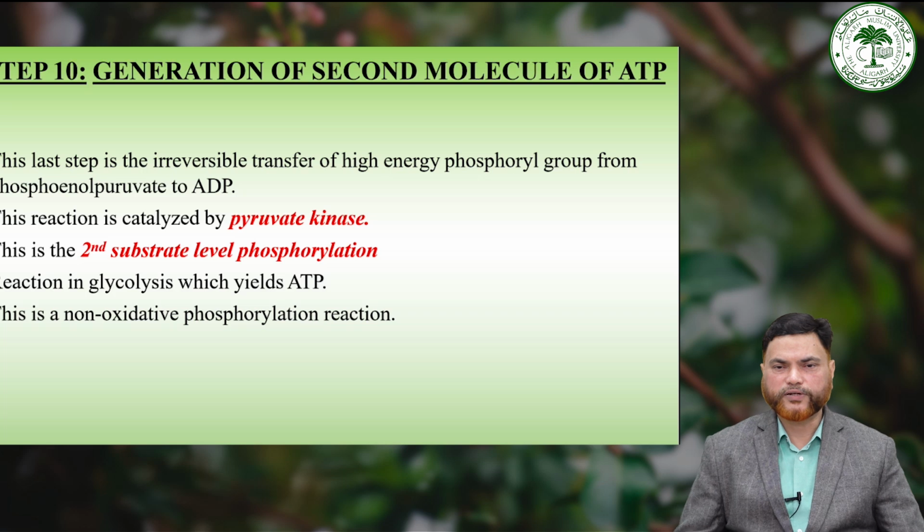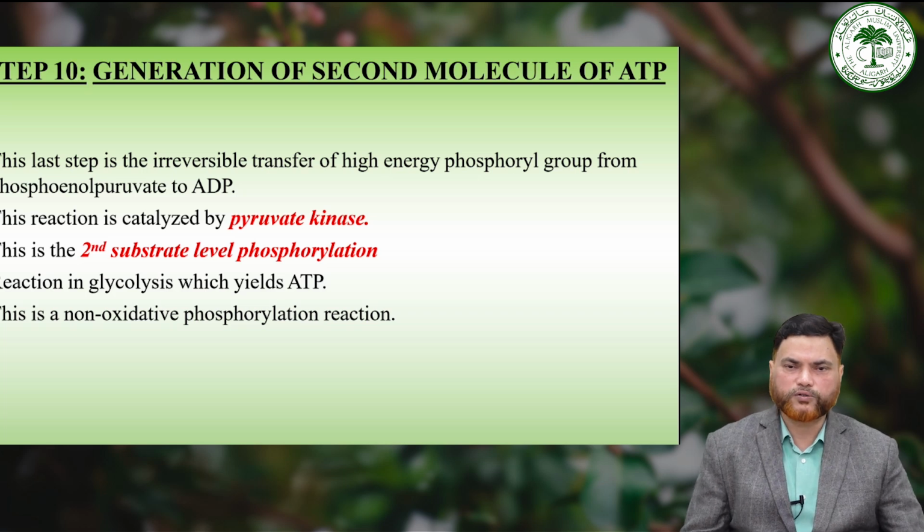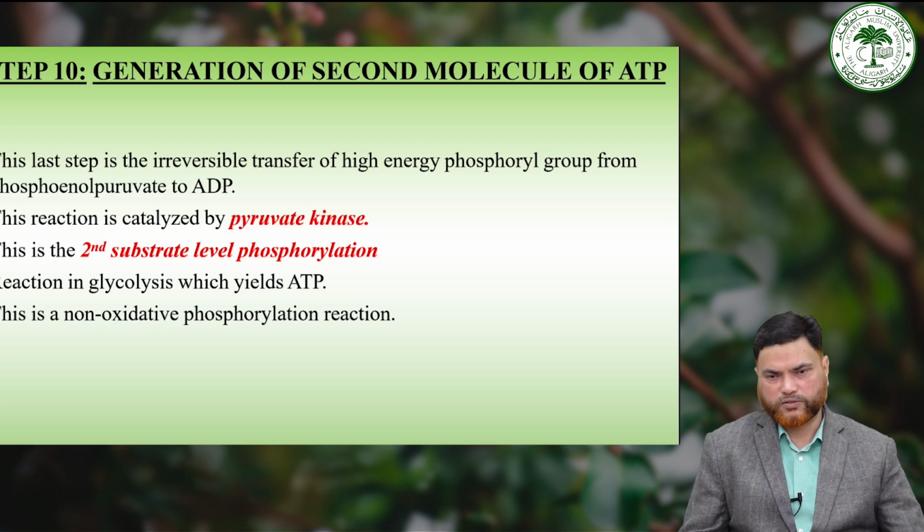The significant alteration in the free energy during the conversion of phosphoenolpyruvate to pyruvate primarily arises from the highly favorable and spontaneous shift of pyruvate from its enol tautomer to the more stable keto form following the phosphoryl transfer.